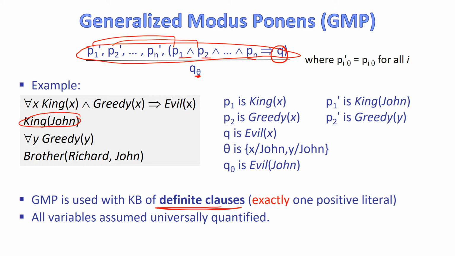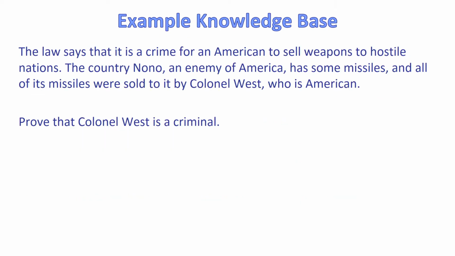The other condition is that all variables have to be universally quantified. So if there is any existentially quantified variable, then we'll have to instantiate it before we apply generalized modus ponens and forward chaining. So let's go through the example together.